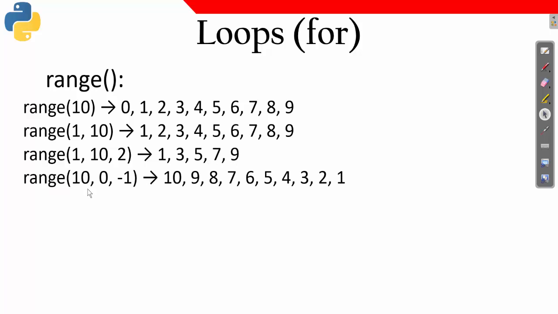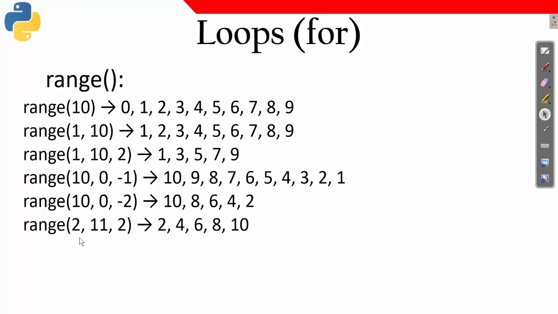If I am writing 10 to 0 with a decrement of -1, 0 is not included, the end value is not included. It means 10 to 1 only will be printed, not 0. Now here 10 to 0 with -2 will print 10, 8, 6, 4, 2. Here 1 is not an even number, so basically it is 10 to 1 but at a decrement of 2.